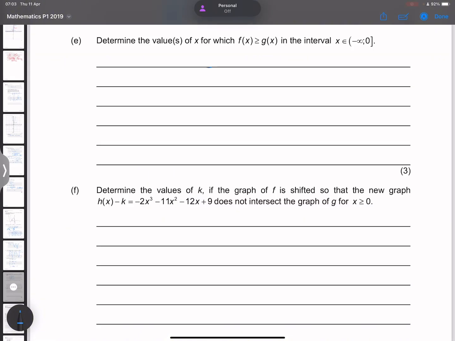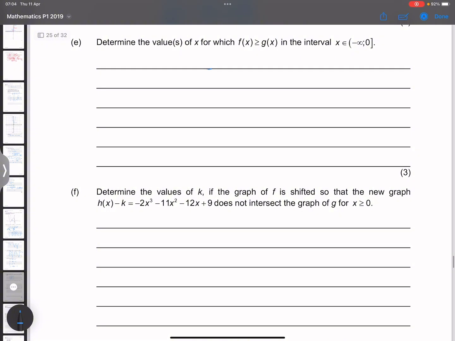All right, so the next question, they say to us, determine the values of x for which f of x is greater or equal to g of x in the interval x is an element of minus infinity to 0. So that means that will be on the left hand side of your y-axis, right?